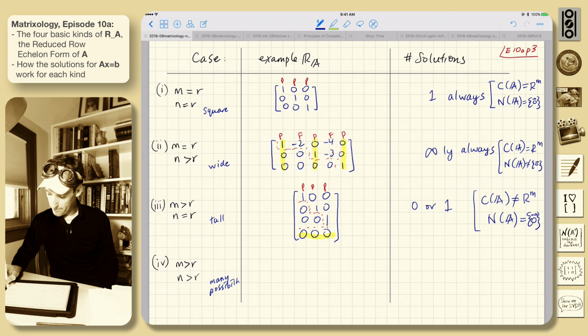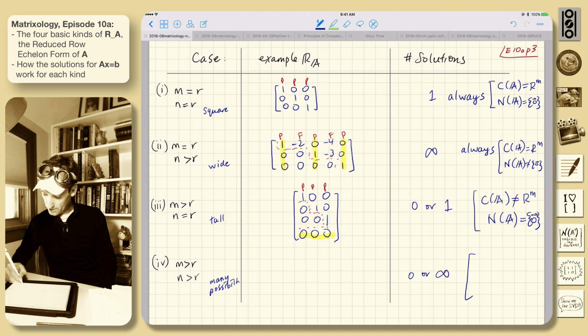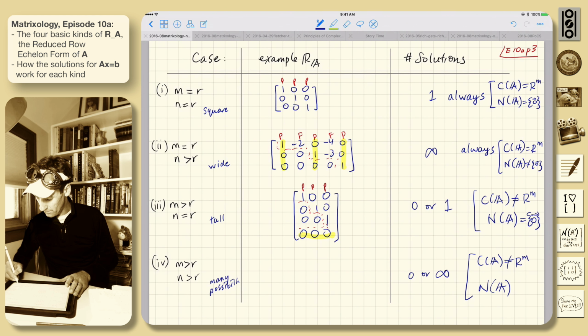It doesn't fill it up. Now the last one will be 0 or infinitely many number of solutions. Guess I should do that. And in this case, we have the column space of A, again, not equal to Rm, and the null space of A is not equal to 0.